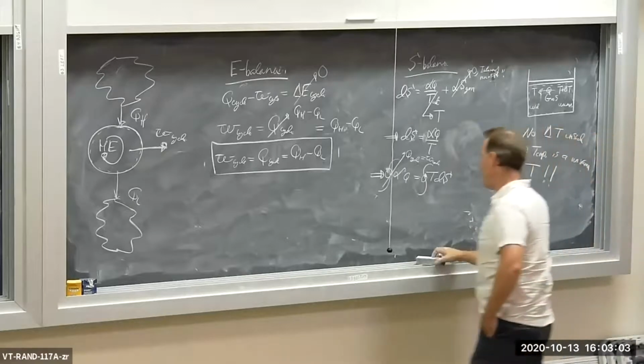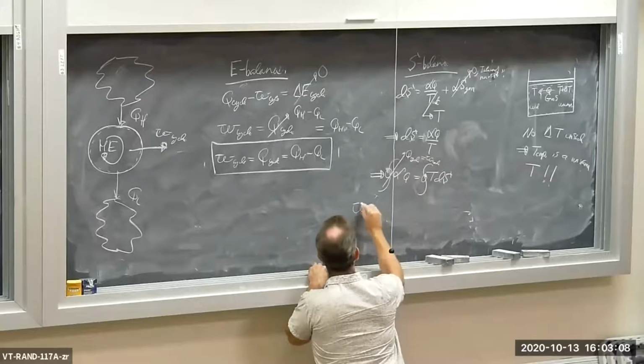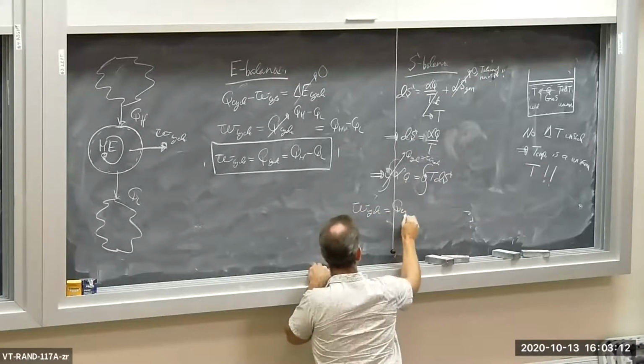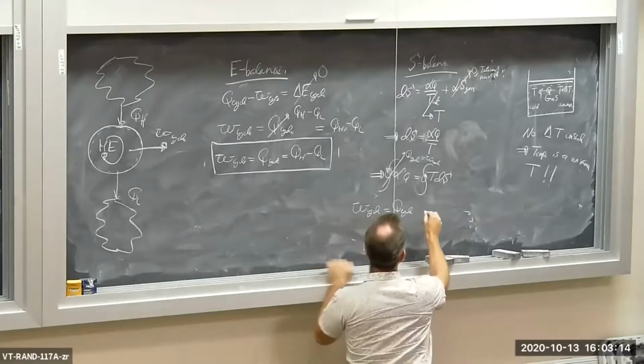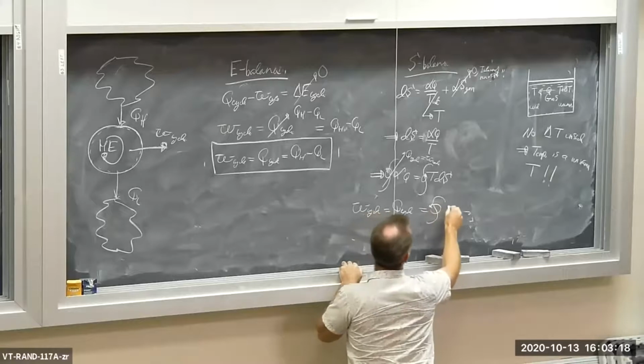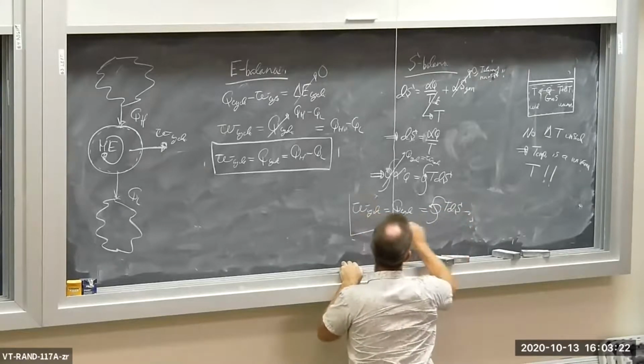So what this means is work of the cycle is equal to Q of the cycle, which is equal to the integral over the cycle of temperature dS. Put a box around that.